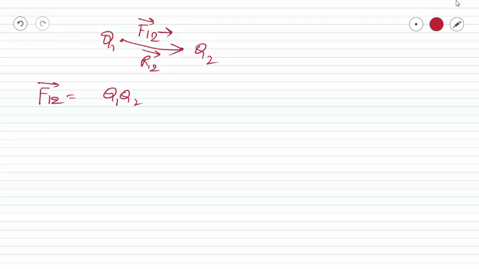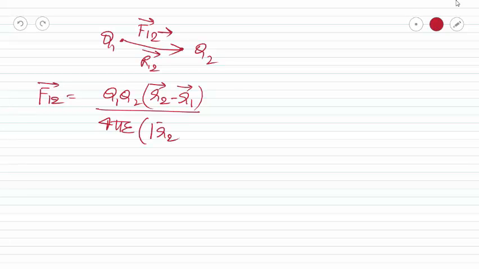So if Q1 and Q2 are two charges separated by some distance, if this is R12 bar, then the force F12 bar acts along this direction, and F12 bar is given by Q1 Q2 into (R2 bar minus R1 bar) divided by 4 pi epsilon, magnitude of R2 bar minus R1 bar whole cube, newtons.